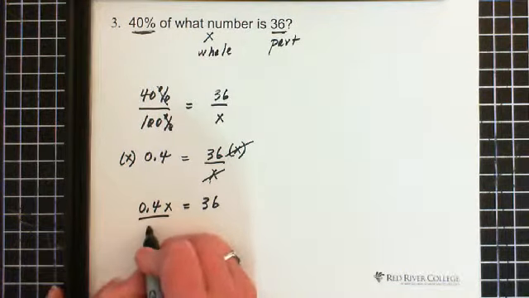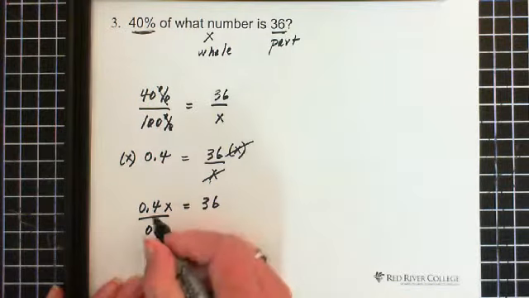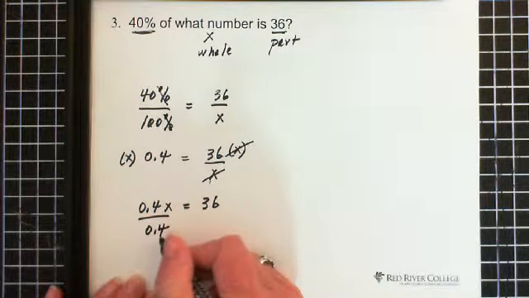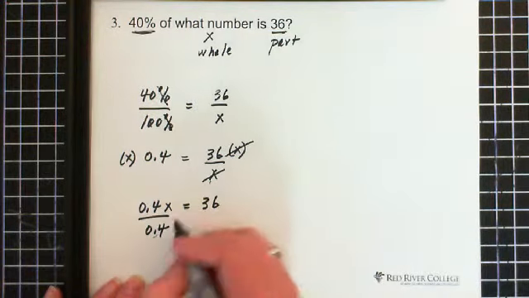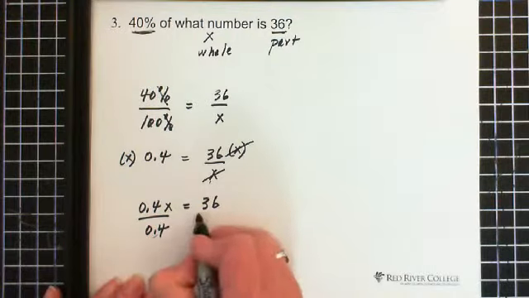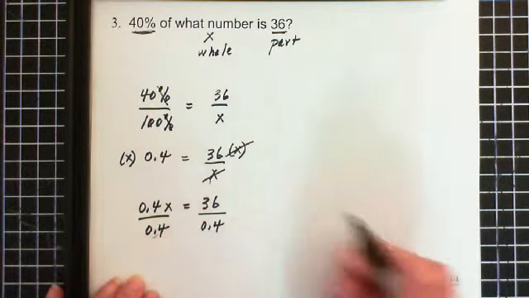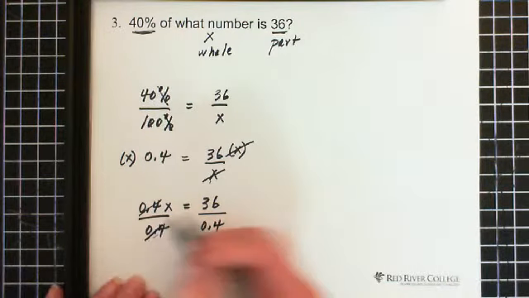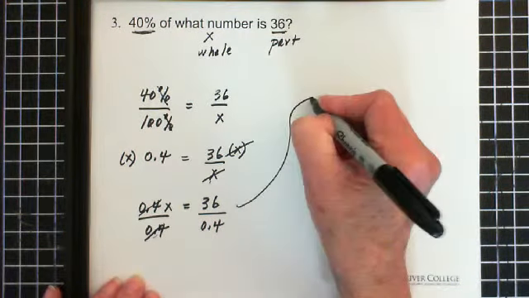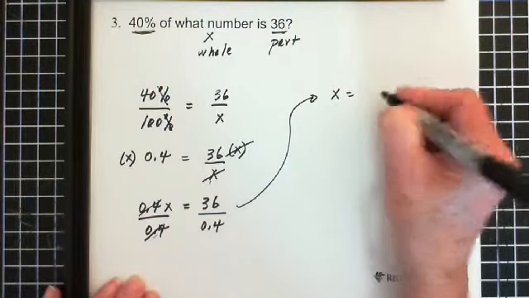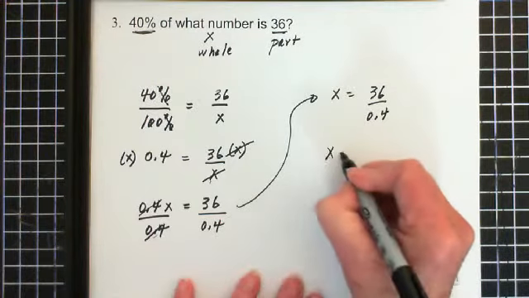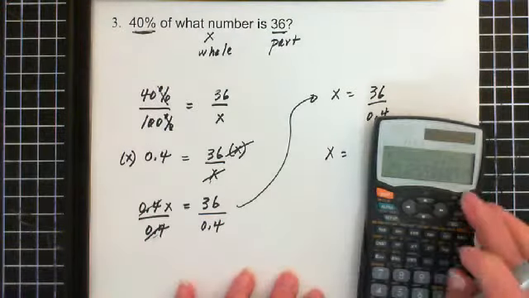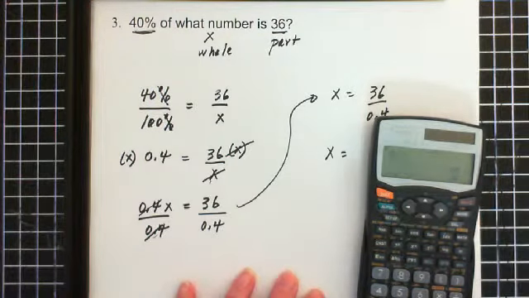So then what I do is divide it by 0.4, and the reason I do it is because 0.4 divided by 0.4 is 1. So that'll get the 0.4 out of this side. But if I divide by 0.4 here, I have to divide by 0.4 over here. These two cancel and become 1. And we're left with x equals 36 over 0.4. So x equals 36 divided by 0.4, which equals 90.